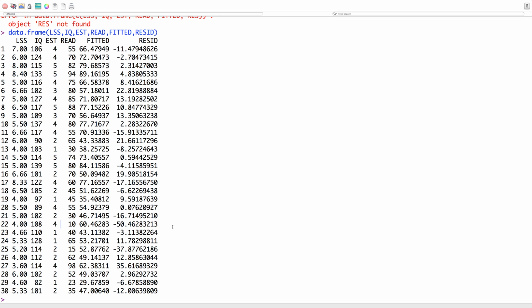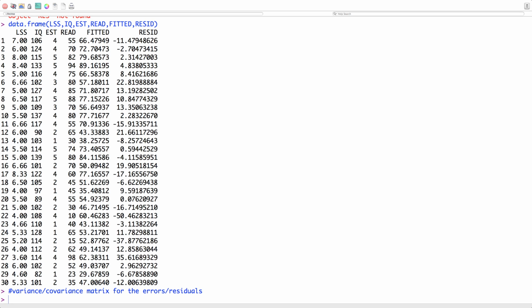we've got the residuals. The next thing I want to do, just to illustrate, is the variance covariance matrix for our errors or residuals. This is found by taking our mean square error times our identity matrix minus our hat matrix.